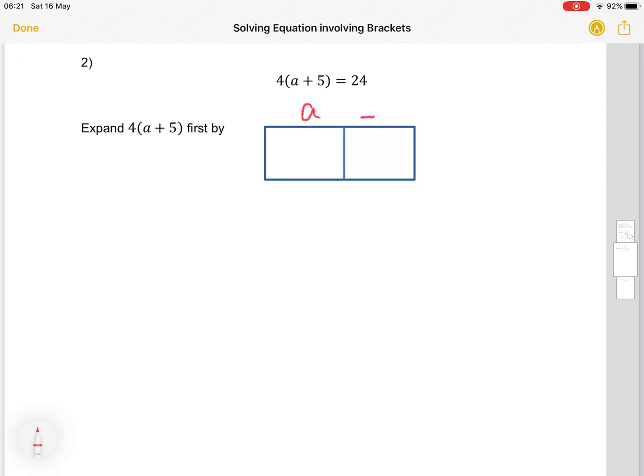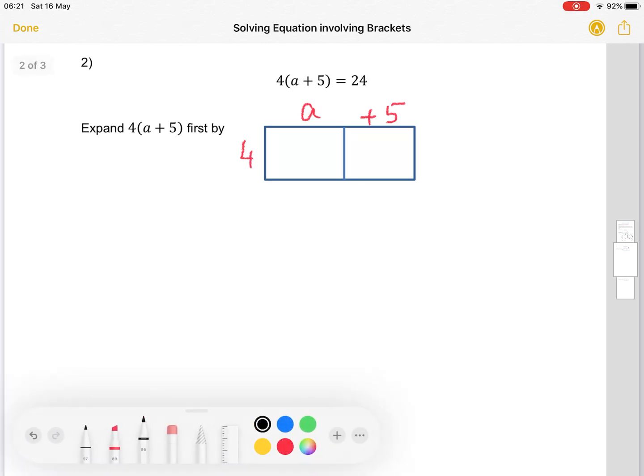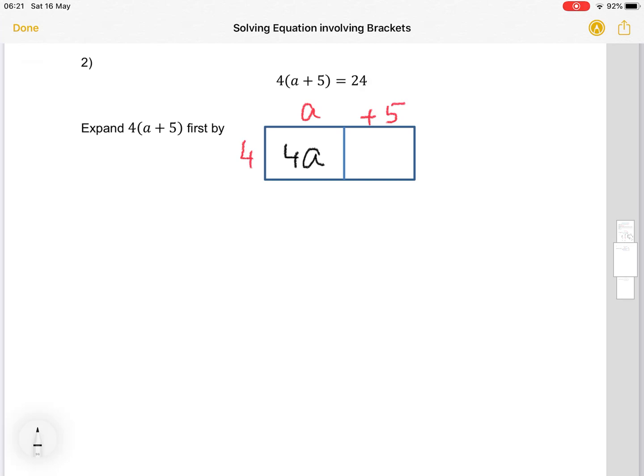The first part is for a, the second part is for the plus 5. I need to multiply all the terms inside the bracket by the term outside. So the width, the breadth, is 4. And I'm going to work that out, multiplying the length with the width. 4 times a, the first part is 4a. 4 times plus 5 is plus 20.